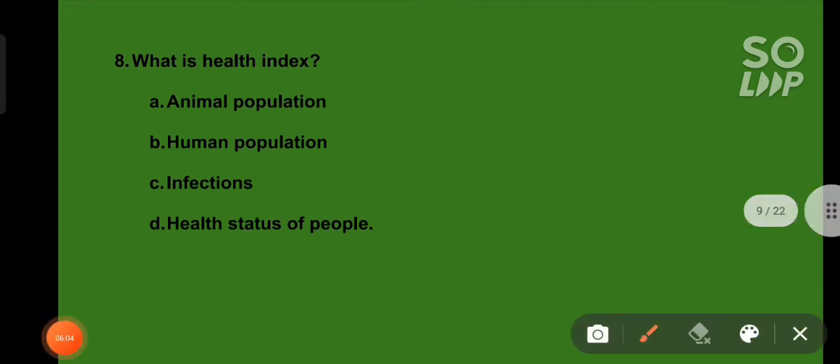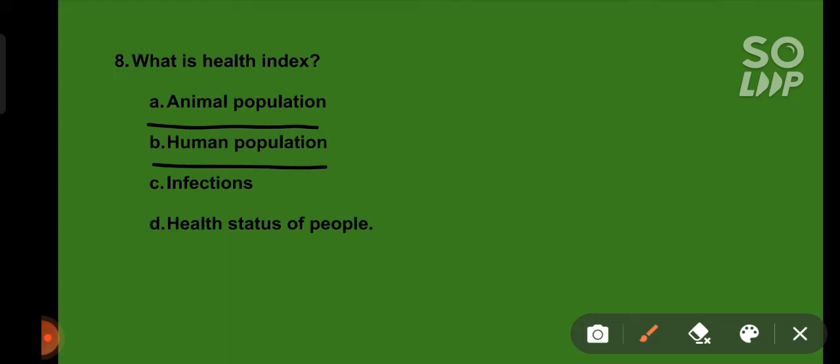The next question is: what is health index? So what is the meaning of health index in a community? The options are option A animal population, option B human population, option C the rate of infections, option D health status of a people.